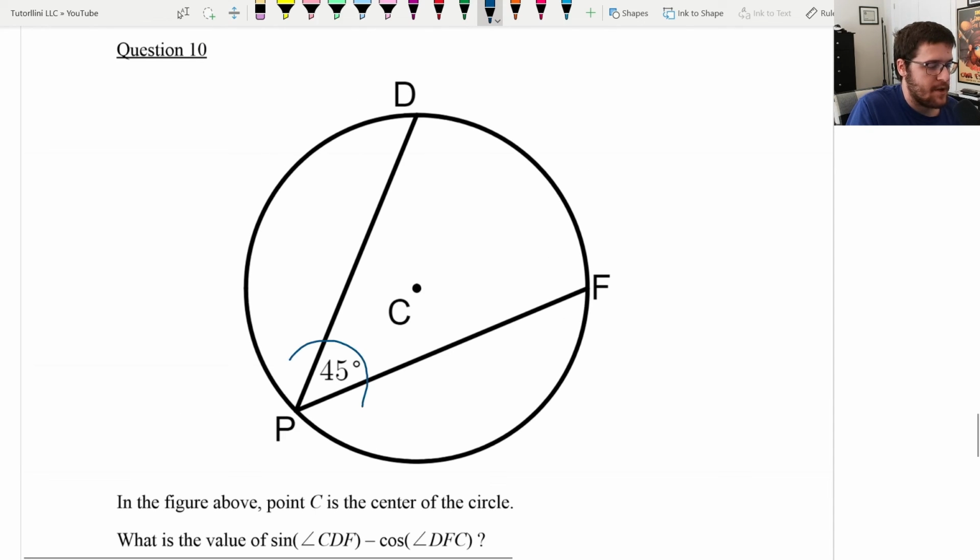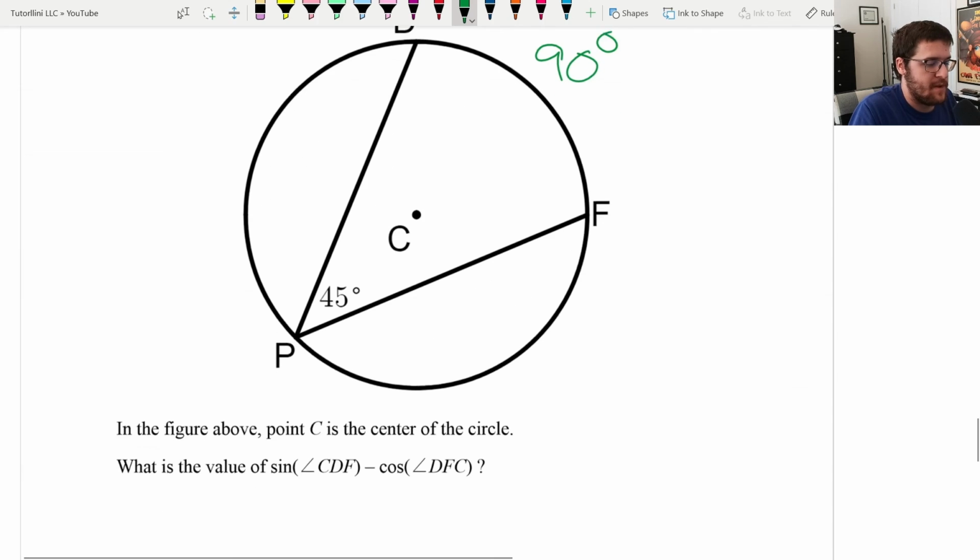So this is what's called an inscribed angle. The arc that it subtends is equal to double the inscribed angle. So 45 times 2 is 90 degrees. So this arc here is 90 degrees.